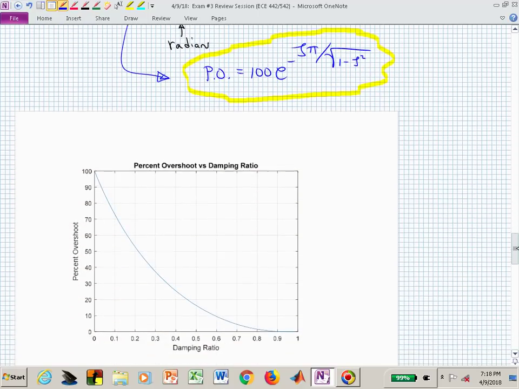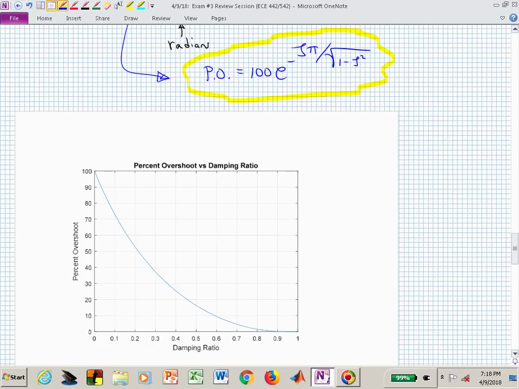And if you want, you could generate something like this in MATLAB. You could plot that PO function as a function of the damping ratio zeta, and now you could simply read off from this. If somebody said, oh, I have a 10% overshoot, well, that's a zeta value of 0.6. I have a zeta value of 0.7, well, that's a 5% overshoot.